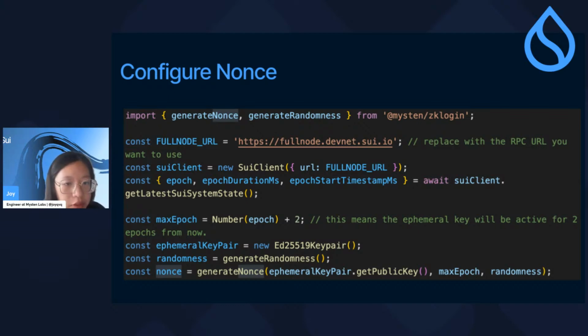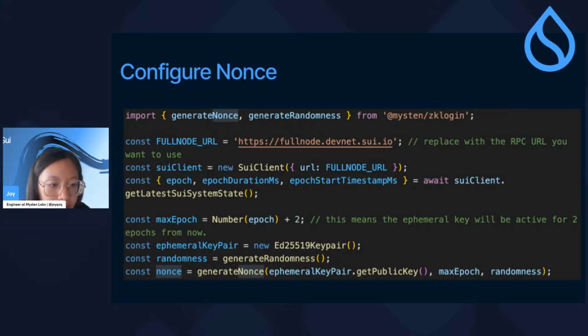So in your application, you first define what a max epoch is. In the second section of the code here, you define a max epoch as the current epoch plus 2. What this means is that this ephemeral key can be active, or the proof is valid, for the current epoch plus 2 from now.